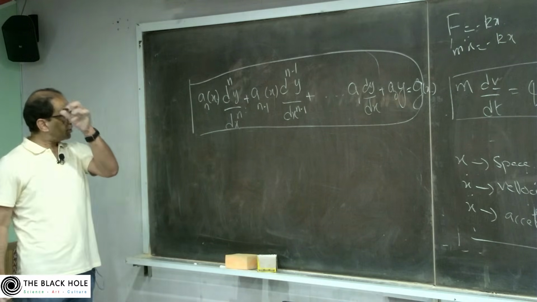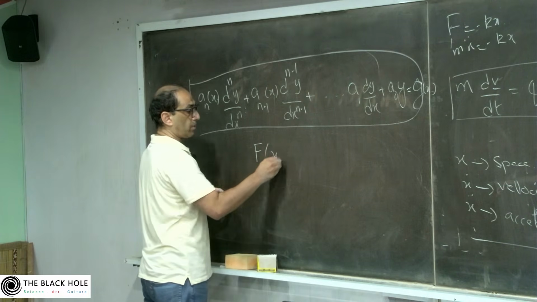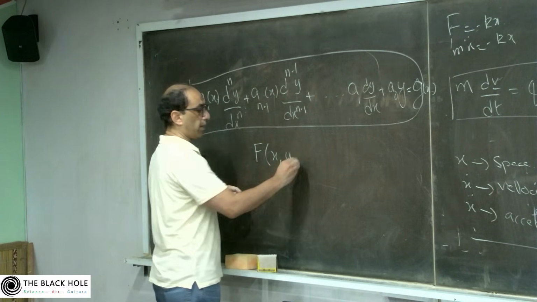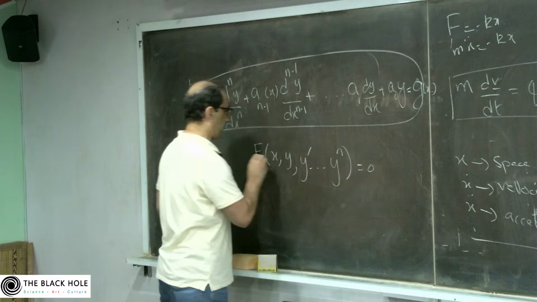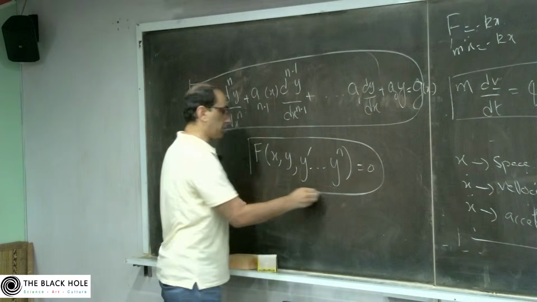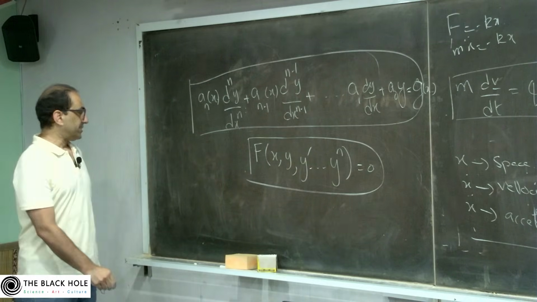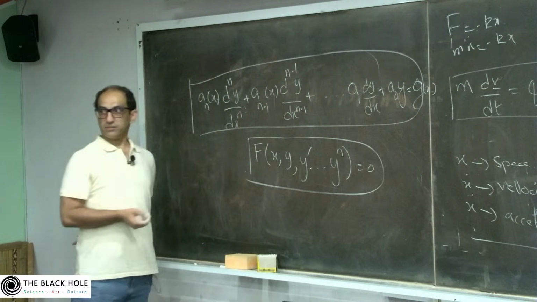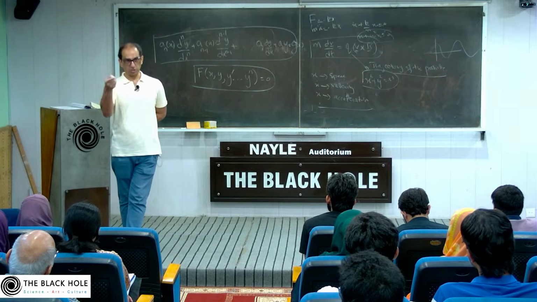All right. इसको हम इस तरह भी लिखते हैं. x, y, y dash up till yn is equal to... So this is the way to describe it. Generally, when you take the derivative with respect to space, you do the dashes.